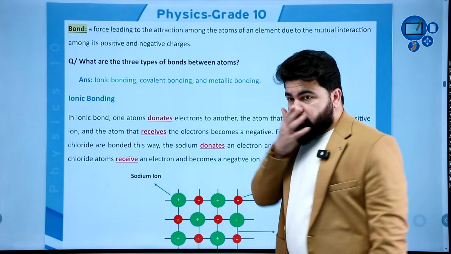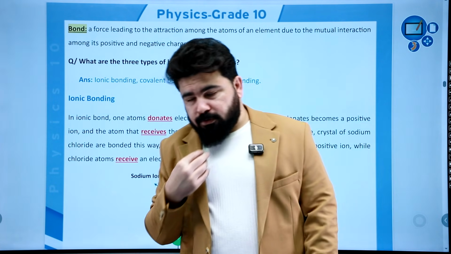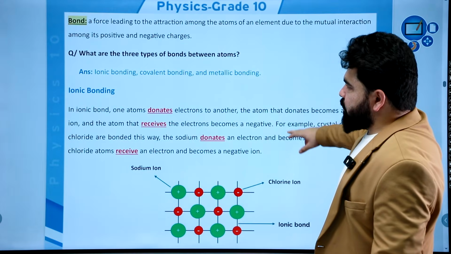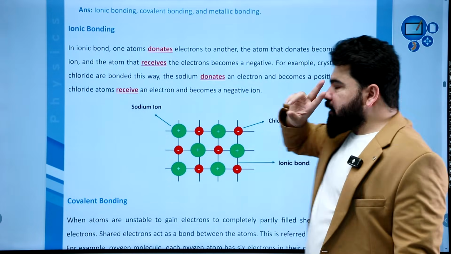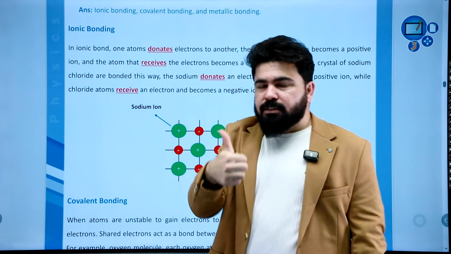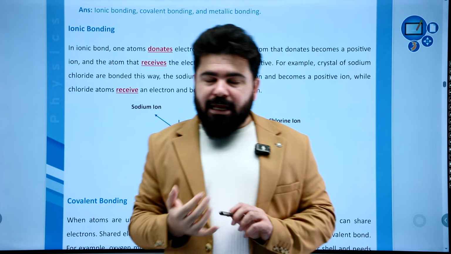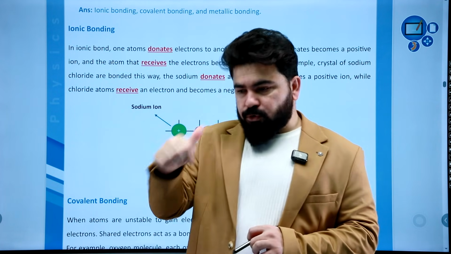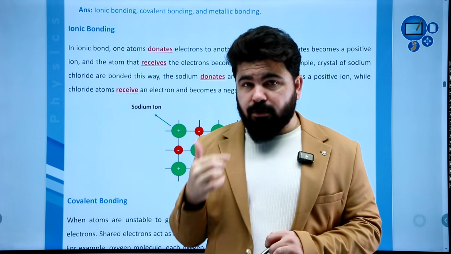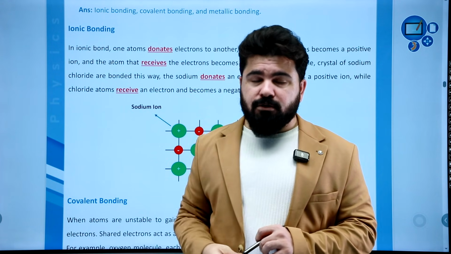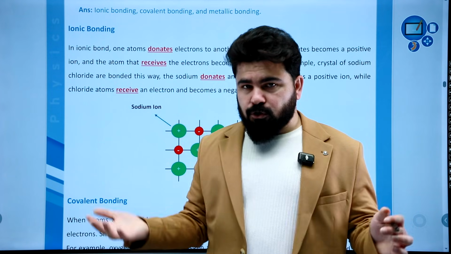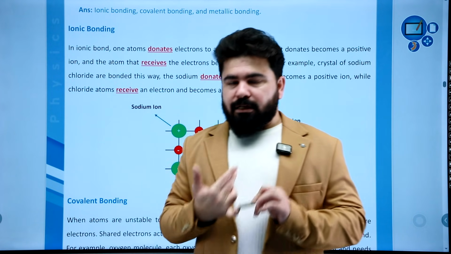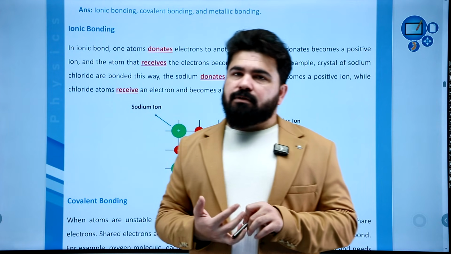Bond is basically a force leading to the attraction among the atoms, or mutual interaction among its positive and negative charges. We have three types. Ionic bonding happens when one atom donates and the other atom receives an electron.